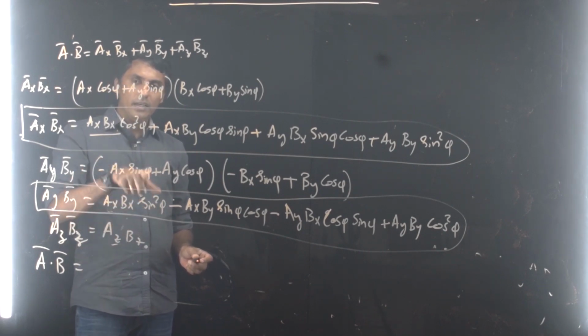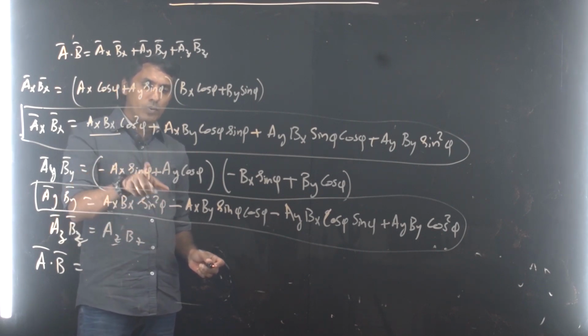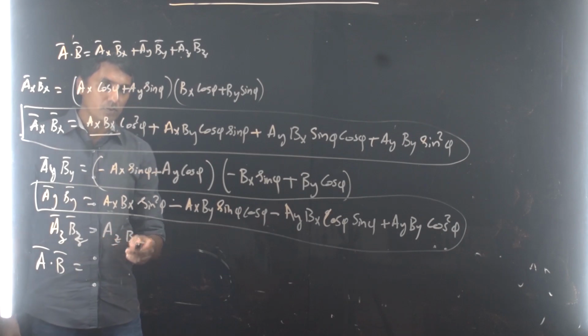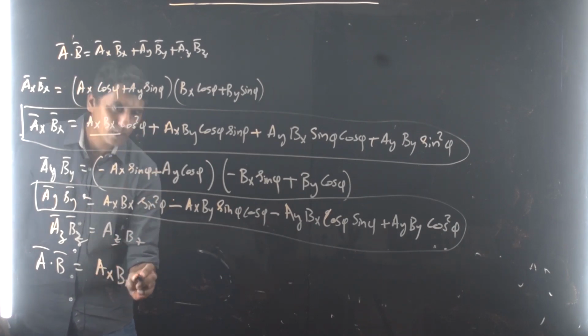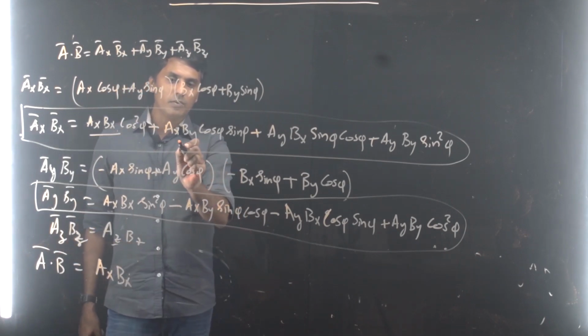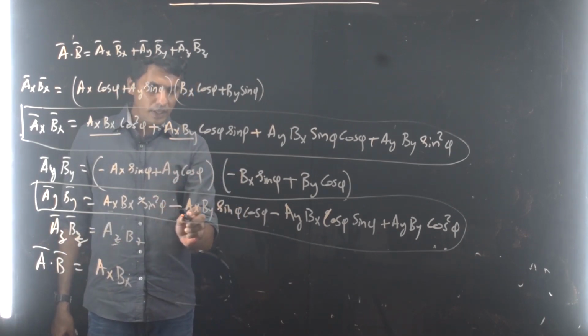So you will get Ax Bx into cos square phi plus sin square phi.